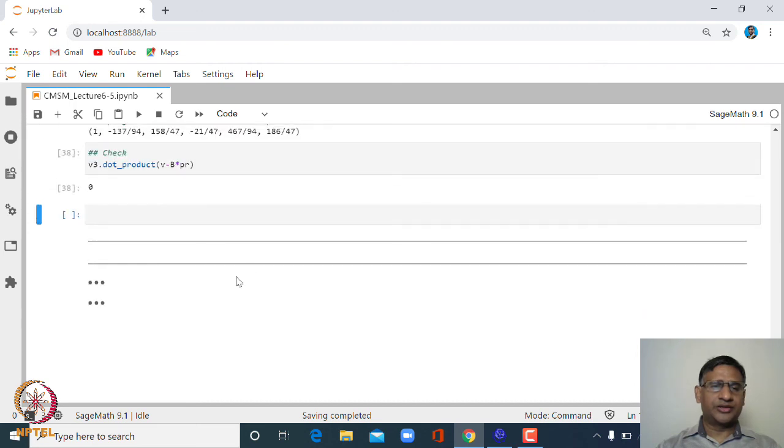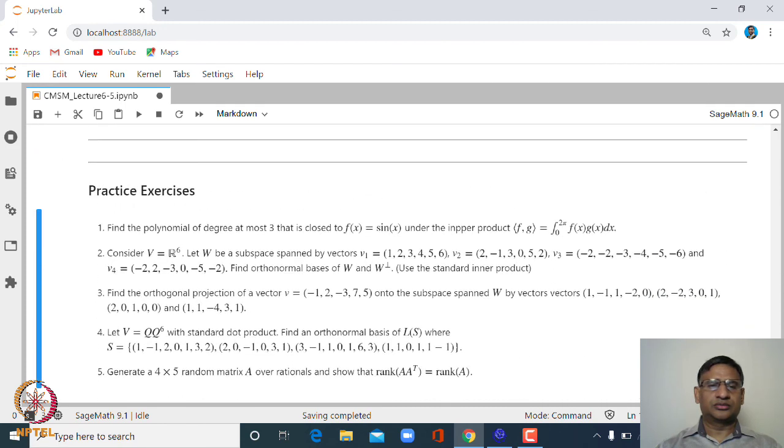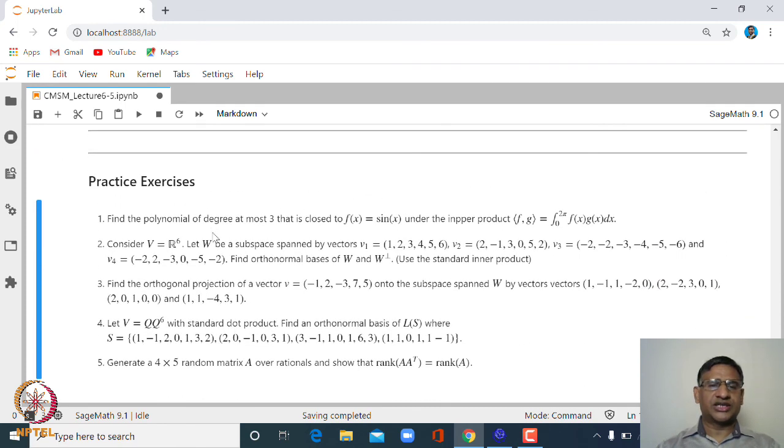So let me leave you with a few simple exercises. Find the polynomial of degree at most 3 that is close to the sin x function under this inner product.